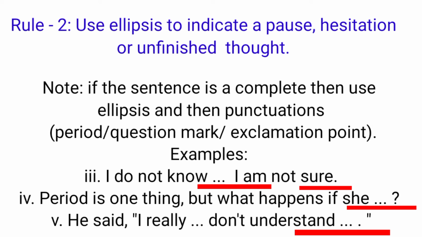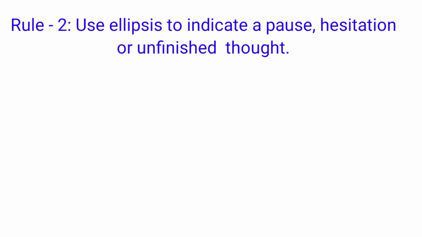Period is one thing, but what happens if she ... Note of exclamation, note of question mark. He said, inverted comma, I ... really don't understand ... period, closing inverted comma, closing quotation mark.